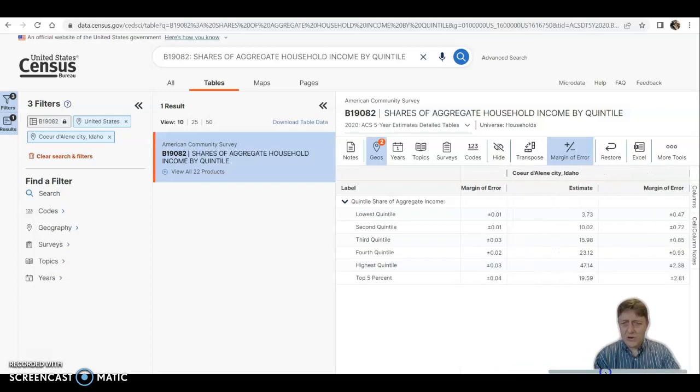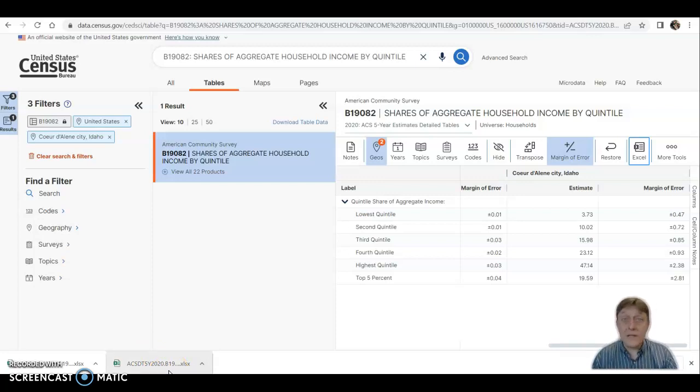So there's a scroll bar down at the bottom, and I can scroll back and forth. But more than that, I can click a button called Excel, and when I do, you will see I've downloaded a file that's in an XLSX format. Now you can open that up in Microsoft Excel.